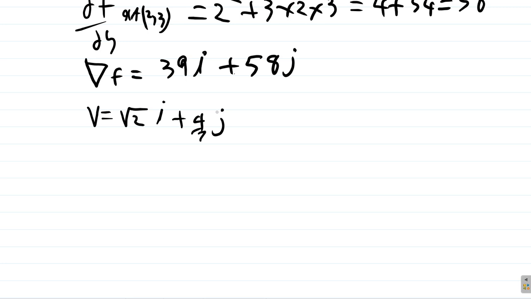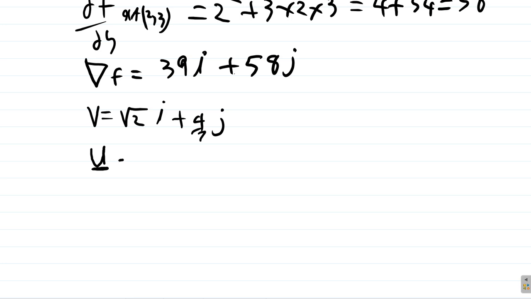Now remember, the unit vector is going to be the vector divided by its magnitude. So what you can say here is that if I write the unit vector with a line over it, if I was typing it, it would be in bold.